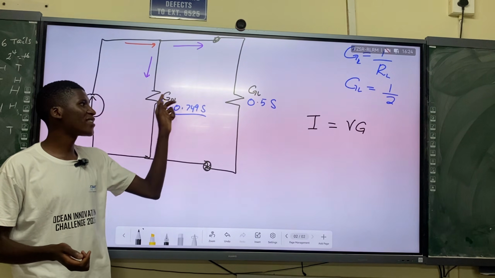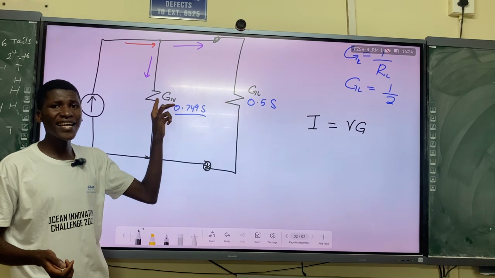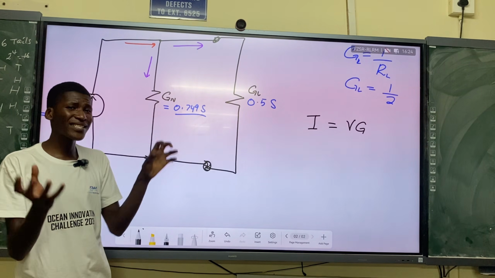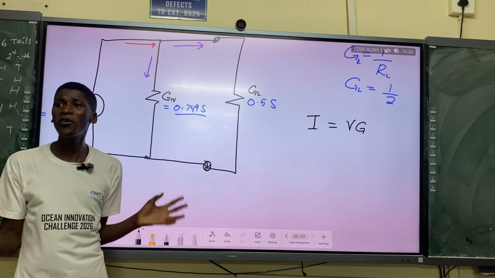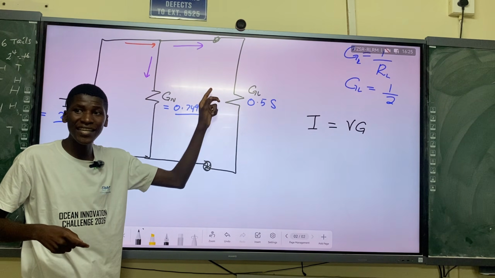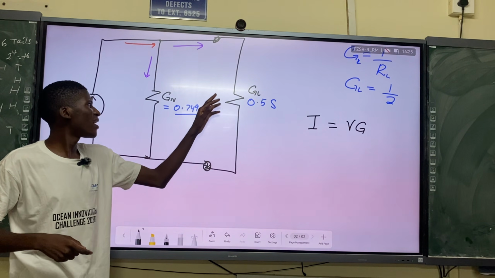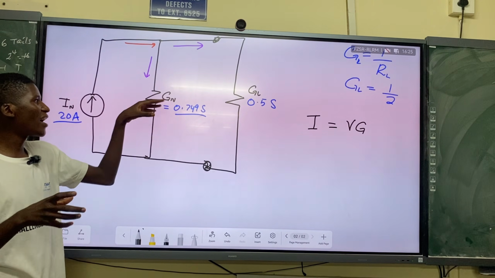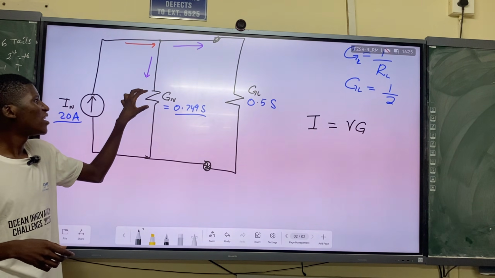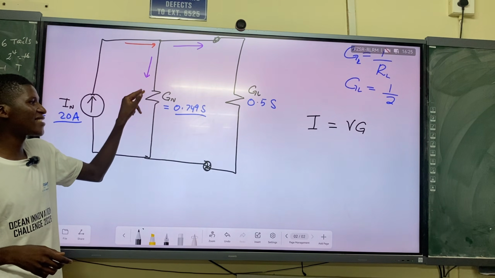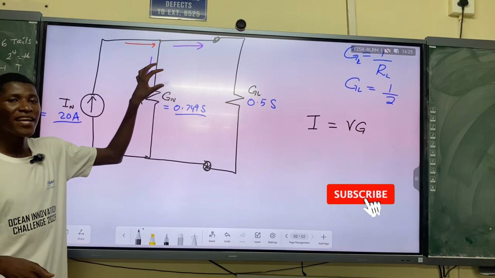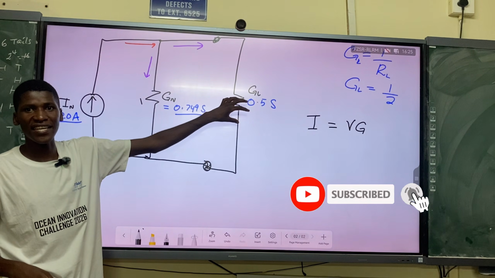Resistance between this one and this one, we see it is inverse, the opposite. This one has the bigger resistance and this one has the smaller resistance. Which one is bigger? What did we have as our resistance? 1.34 and 2. This one is the smaller resistance and this one is the bigger resistance.